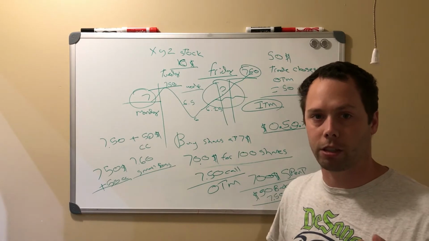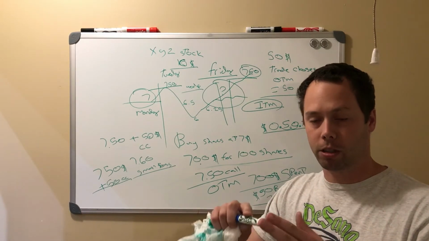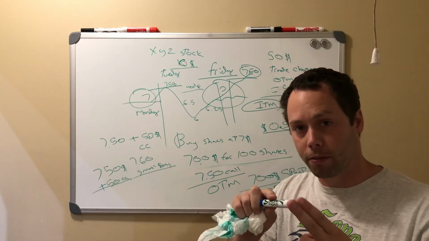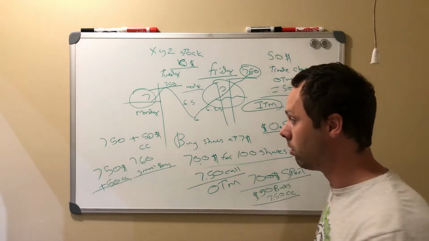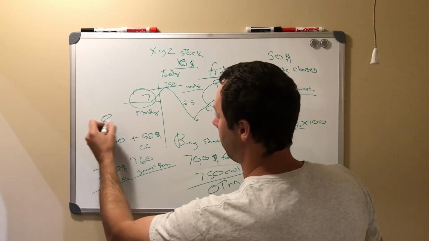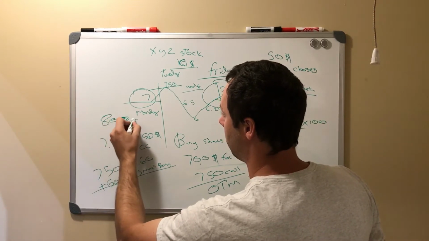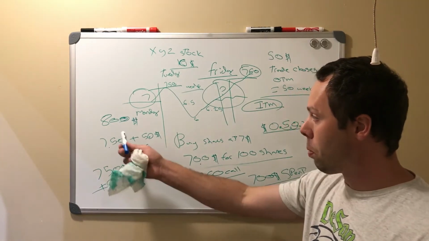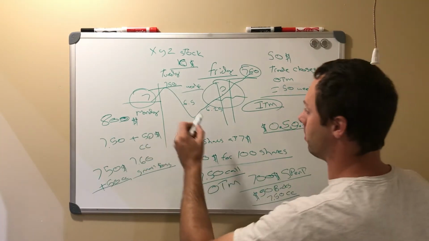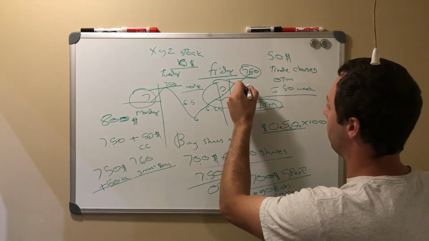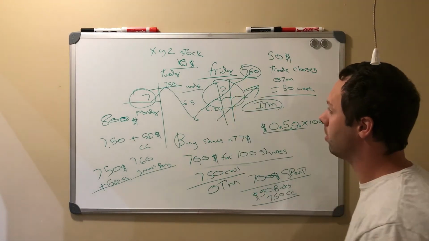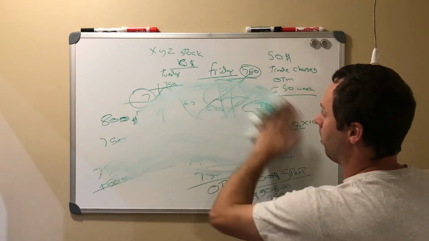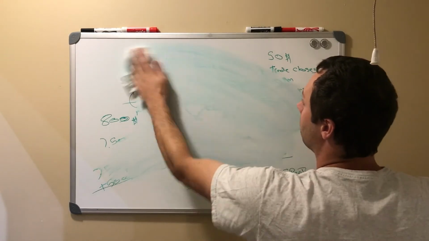You'll just have cash in your account from your shares. So you bought at 7, you sold them at 7.50 plus the covered call. So that's $800. That is not a bad thing. And that's if the stock goes up. Gosh, I got too much junk out here. We'll talk about how it works if the stock goes down.